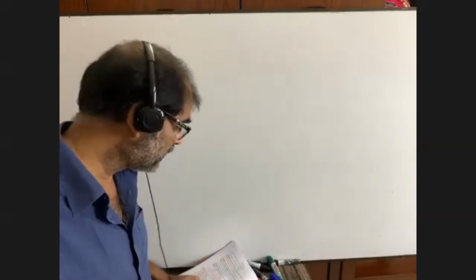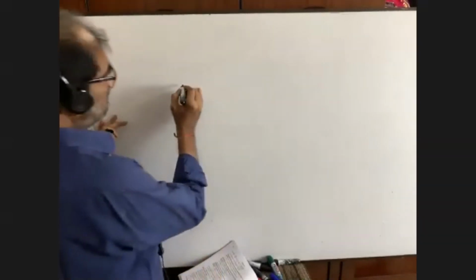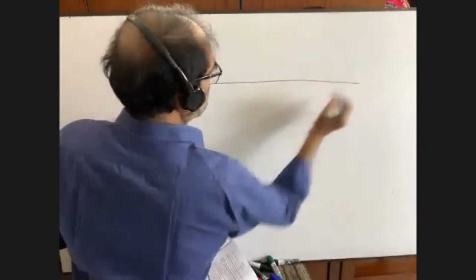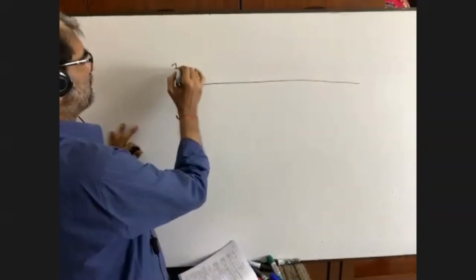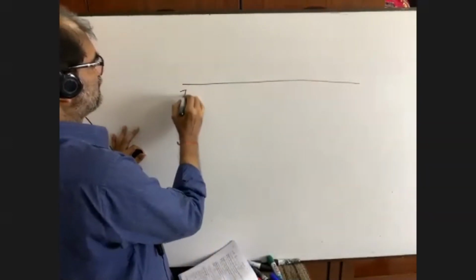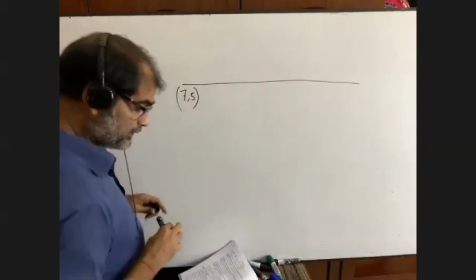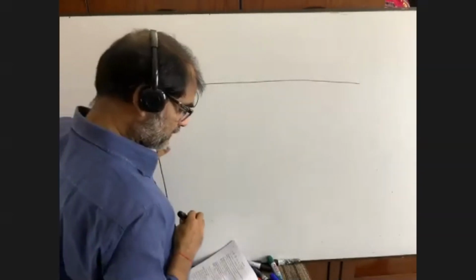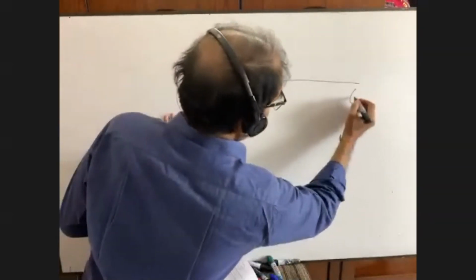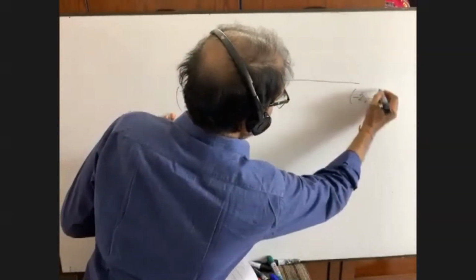Okay, I have got a math. Example 4. You see another math. This is 7, 5. You write it 7, 5. And it is -2, -1.